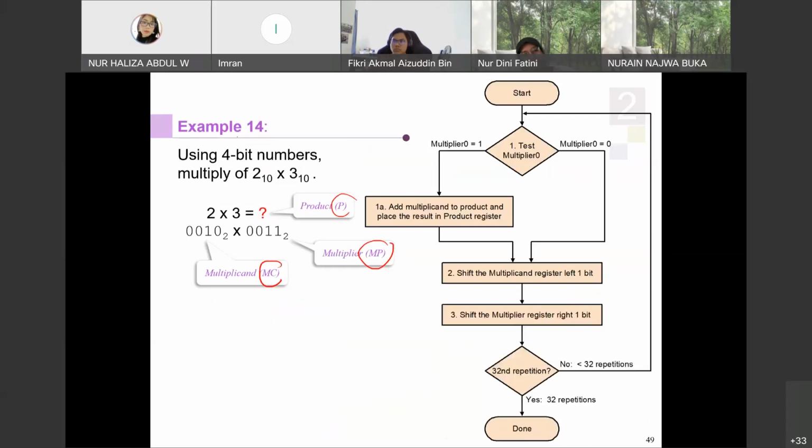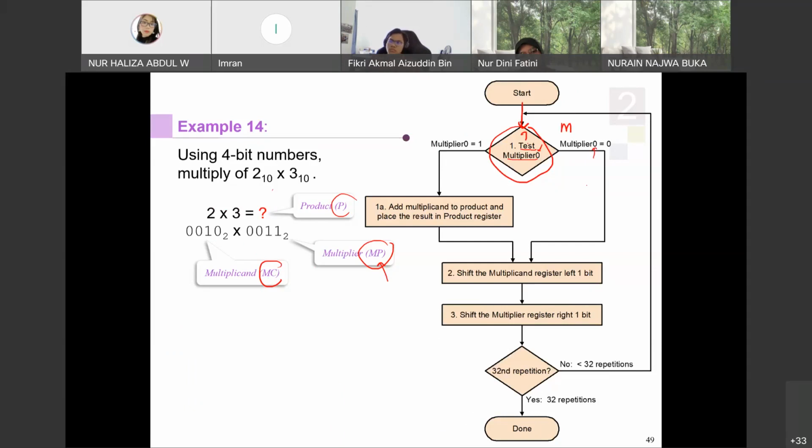Okay, now we have 2 times 3 equal to what? This is MC, this is MP, and this is P. First of all, what do you need to do? Test multiplier 0. How to test? If the multiplier is MP, what is MP 0?